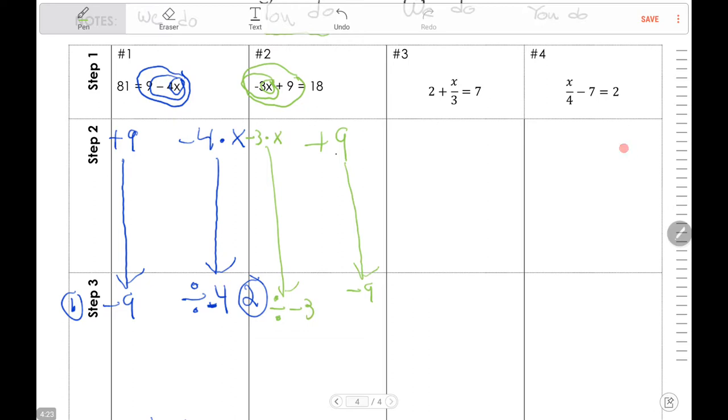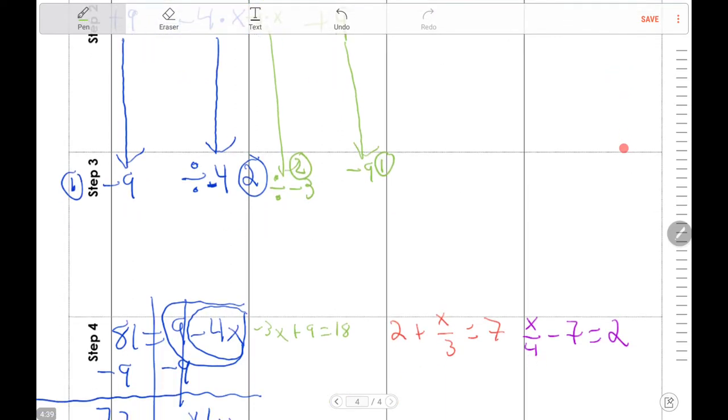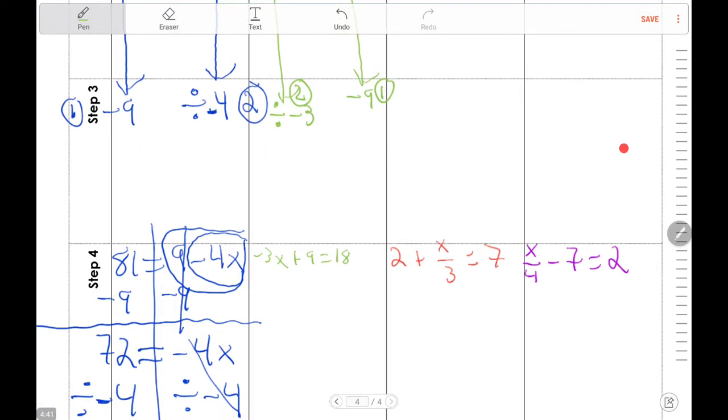And let's look back at our layers. What was the first one? It was the 9. So we're going to end up doing that first. What was the inner layer? That was the -3. So we're going to divide that next. Okay, so let's keep going. Remember, we have our x, we have our -3, and we have our adding the 9.